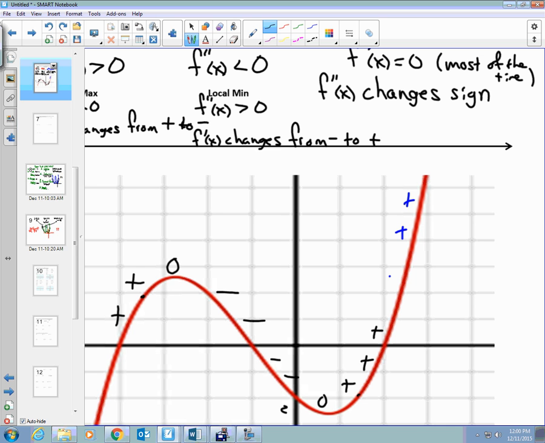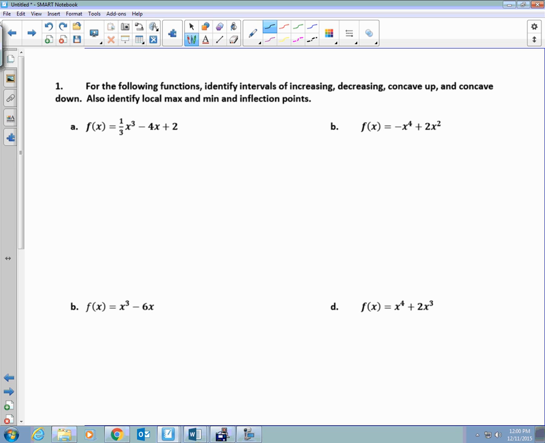Okay, flip it over and let's at least try to start one example. It says for the following functions, identify intervals of increasing, decreasing, concave up, concave down. So we'll start with increasing and decreasing. Do I do the first derivative test or second derivative test for increasing, decreasing? First derivative.